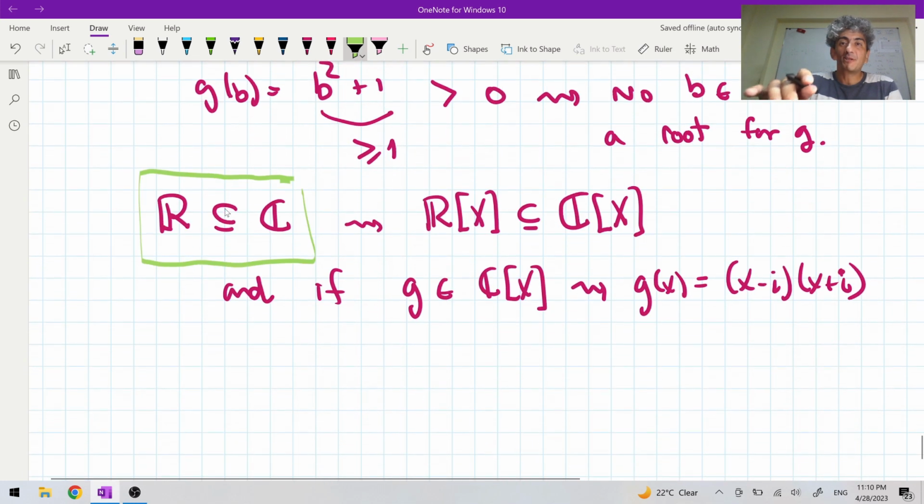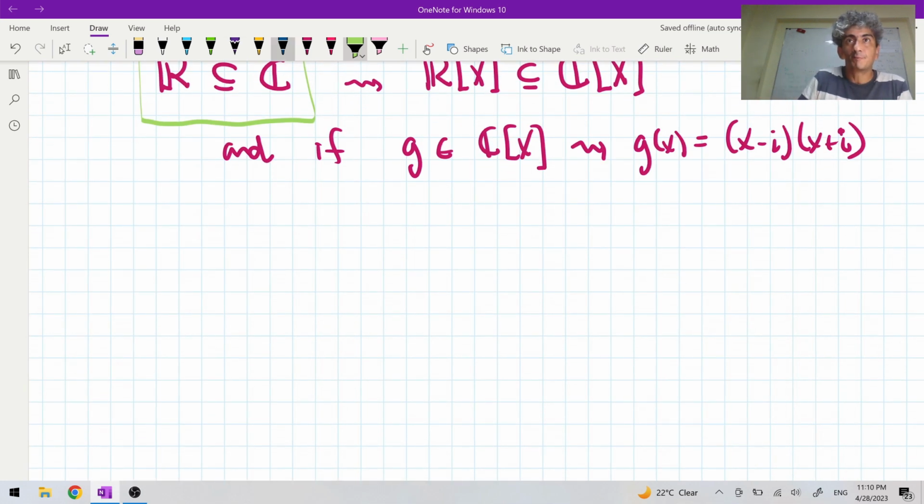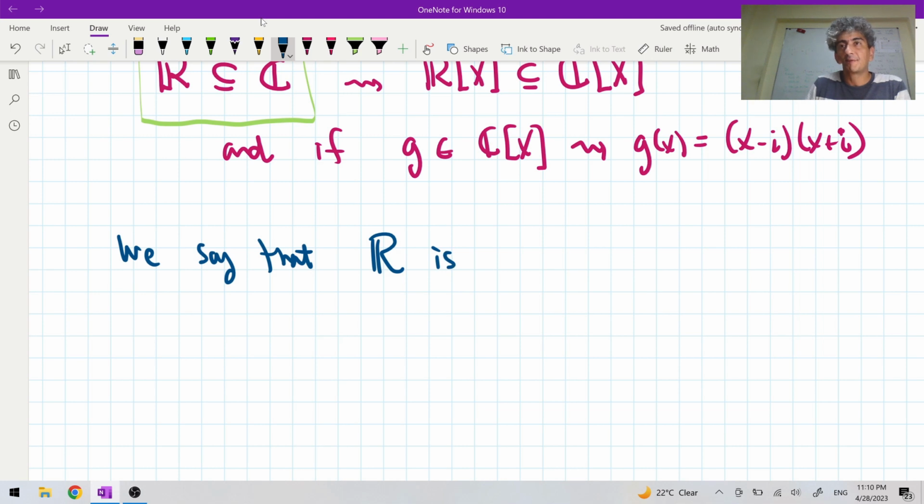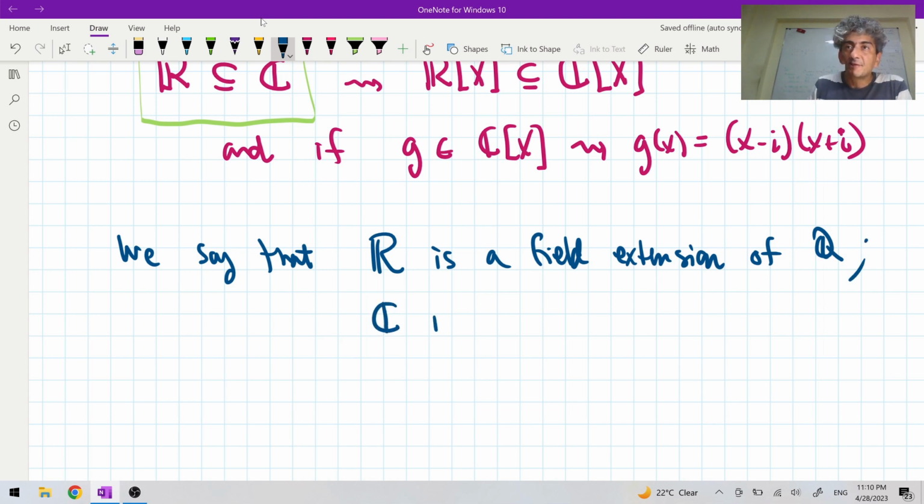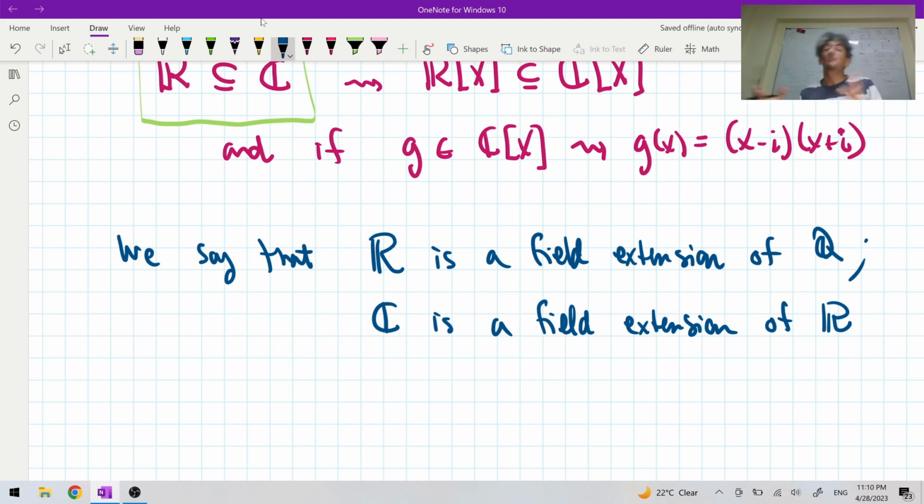So we're taking a look at field extensions here. We say that R is a field extension of Q, in the same way that we say that C is a field extension of R. So there's a field that contains a smaller field.